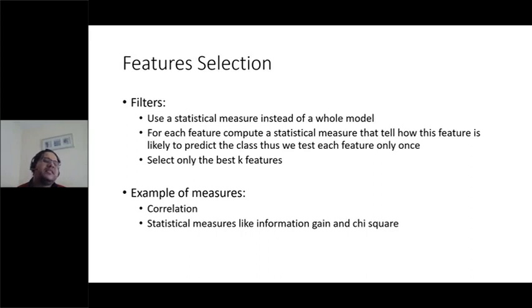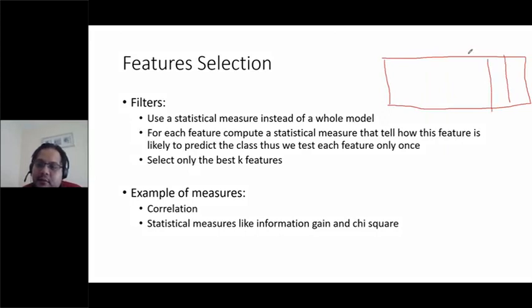What decision model is doing things that way? We have my data set. I have here all of my features. This is the class. I take, for example, this feature and see how well I can predict the class based on this feature.